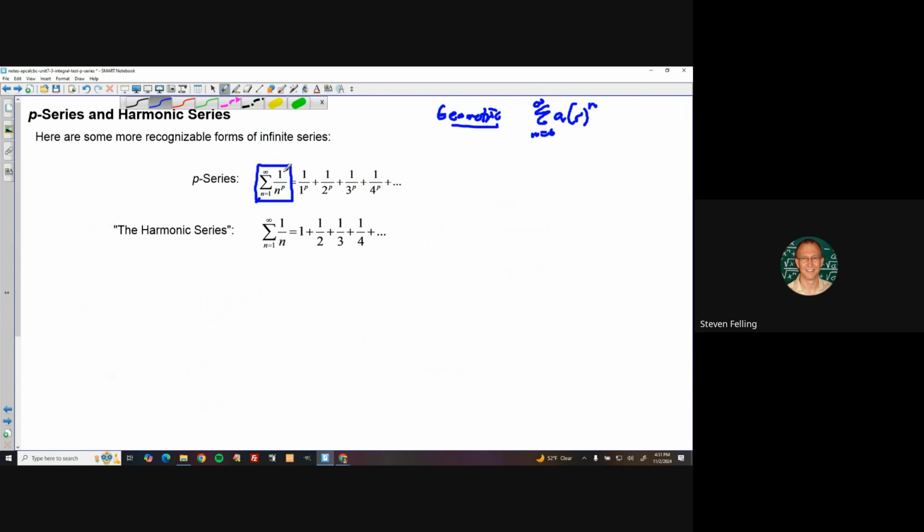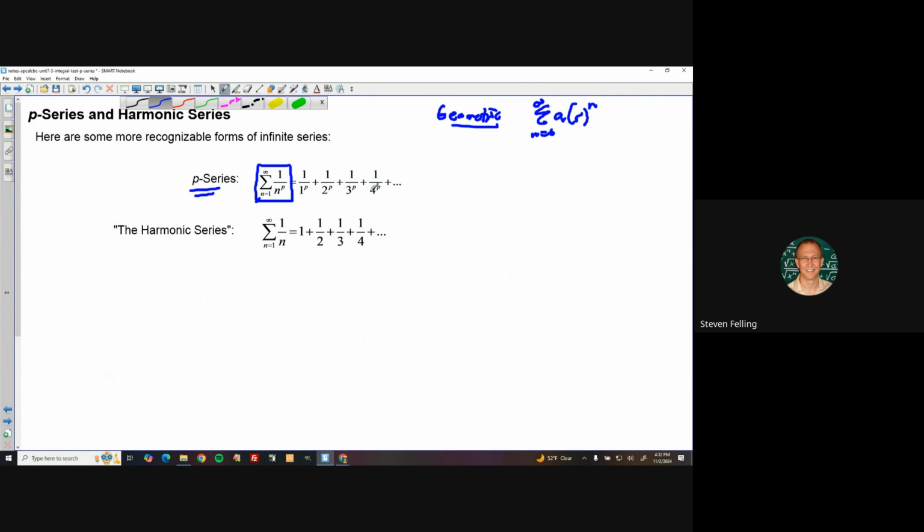If you have 1 over n raised to the p, in other words, not a number raised to the n, but the n raised to a number, and it's in the bottom of a fraction, then it's called a p-series. And that means that the p-series would be 1 over 1 to the p plus 1 over 2 to the p plus 1 over 3 to the p plus 1 over 4 to the p.